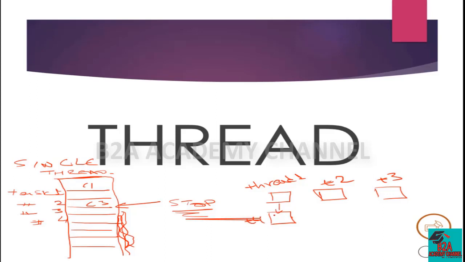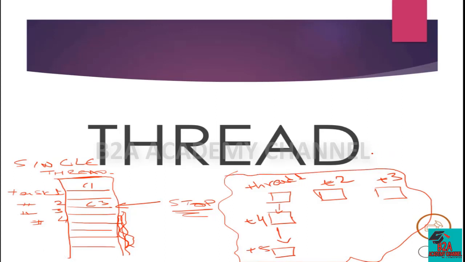Thread 4 will be executed after thread 1, and maybe here thread 5. So instead of having one single thread, I could have a lot of threads right here. So this is multi-threading.